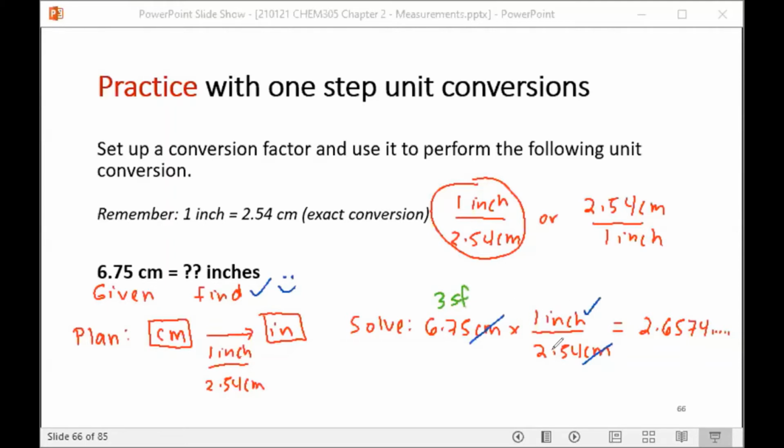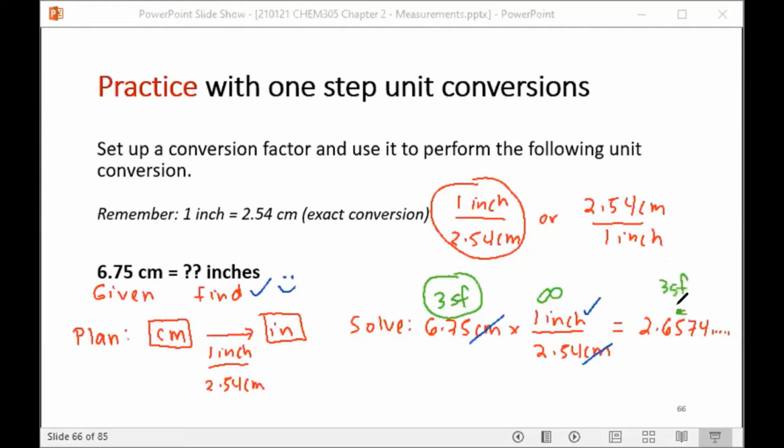And in my conversion, 2.54 centimeters per inch, that's one of those exceptions where it's an infinite number of sig figs. Usually between the metric and English system, we would have to count the sig figs. But the inches to centimeters conversion has infinite sig figs. So I'll just put an infinity symbol over that one. So the fewest number of sig figs is 3. So my final answer should have 3 sig figs.